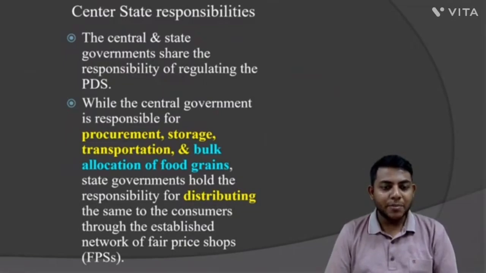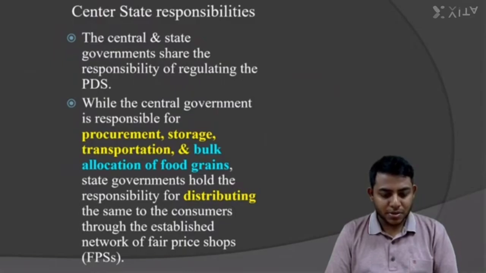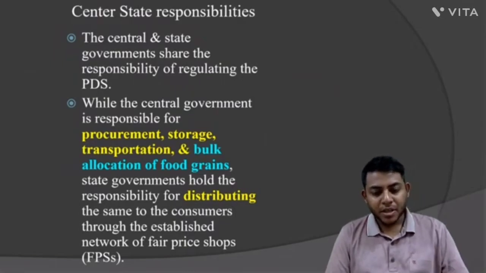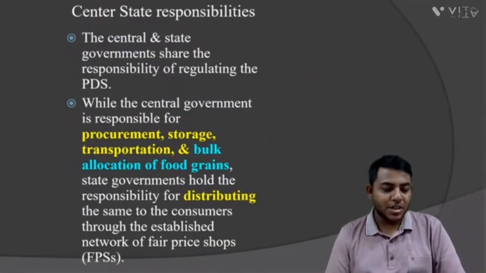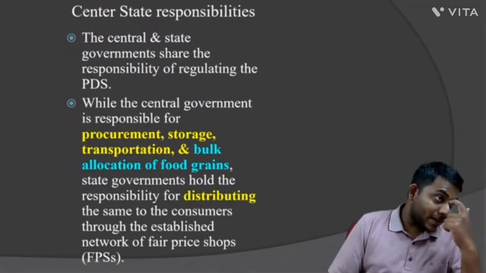While the central government is responsible for procurement, storage, transportation and bulk allocation of food grains, state governments hold the responsibility for distributing the food grains to the consumers through the established network of fair price shops or FPS.